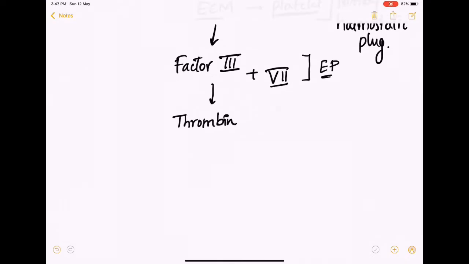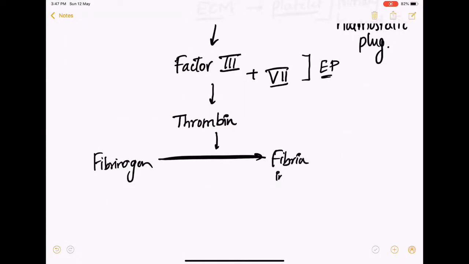Now this activated thrombin is going to activate fibrinogen into fibrin. Fibrin is the insoluble form, and this helps in the formation of the secondary hemostatic plug.